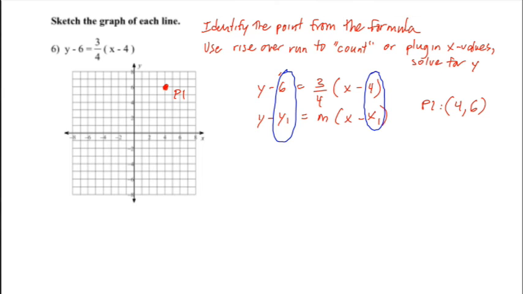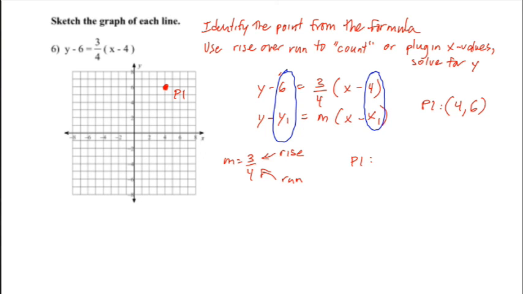We have a couple of different ways that we can figure out what P2 is. Let's use the idea of rise over run. We know that m is equal to 3/4, and our rise is 3, and our run is 4.